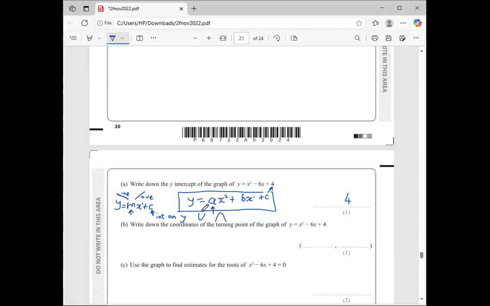For quadratic, the coefficient of x squared will tell us whether the graph will open upwards or open downwards like an N. If it opens upwards like a V, it will be opening upwards towards the y-axis. Whereas if it opens downwards like an N, then it will be opening downwards towards the negative y-axis. And that means this a was a negative number.